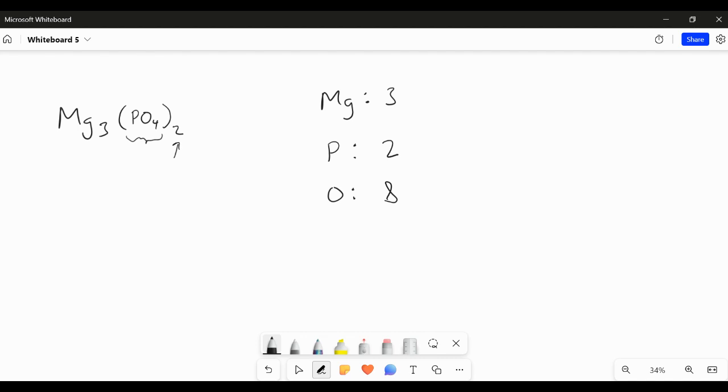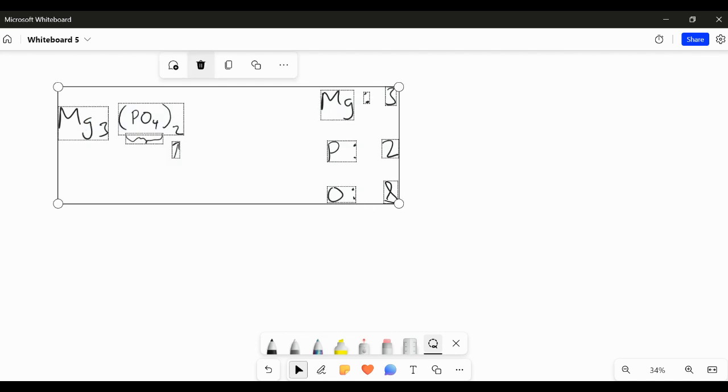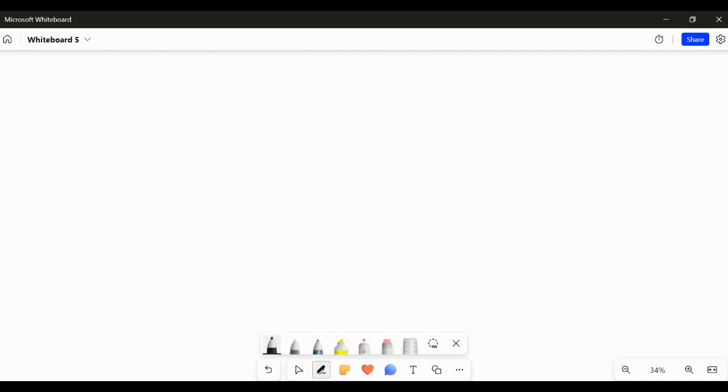Let's try one more. Let's do Al2(SO4)3. So right here, we have aluminum, sulfur, and oxygen.